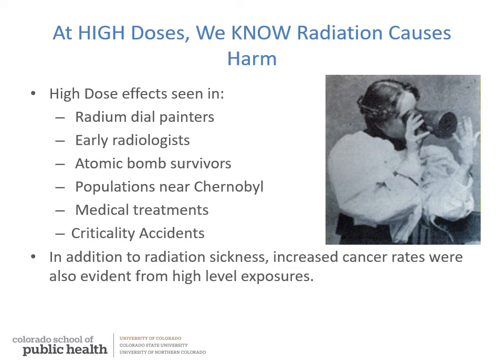But you have seen a number of different high-dose cohorts that have developed over time: people who were radium dial painters, mostly women who were literally painting watch faces using the glowing paints that were used on watch hands; people who were radiologists before radiation control got to be a lot better; people who survived the atomic bombs in Hiroshima and Nagasaki; the populations near Chernobyl and Fukushima; and other intentional high doses might be medical treatments, but also accidents around criticality at nuclear reactors.